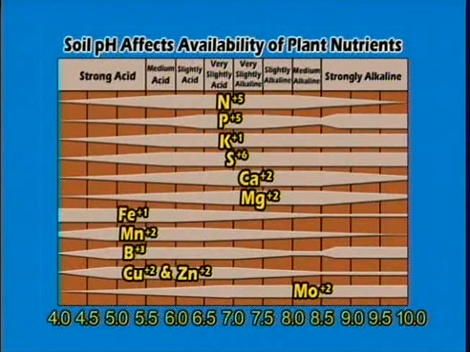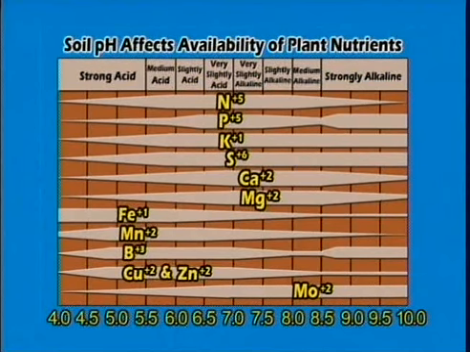Well, what would I like you to take away from this particular graphic? Not at this point in time do you need to know how each one of these nutrients is affected by soil pH in terms of solubility and therefore availability, but more the generalities, in that pH determines the solubility of the nutrient, and solubility for practical purposes does determine availability in the soil to plants that grow in that soil.